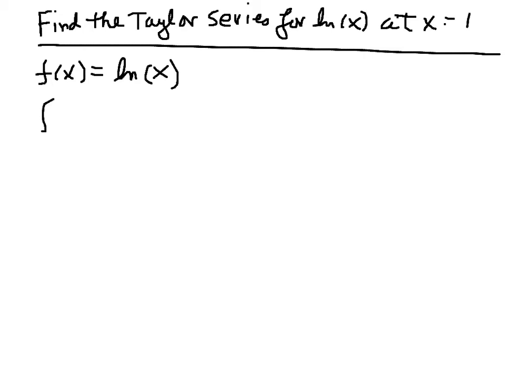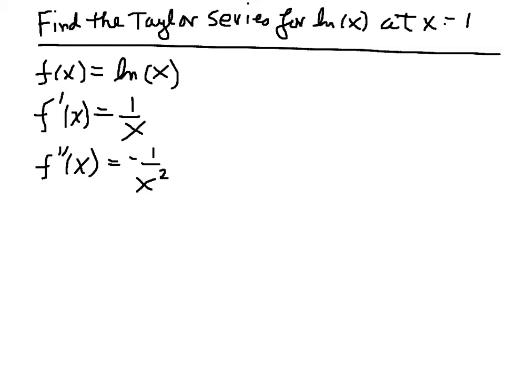Here's the first derivative, 1 over x, and the second derivative is minus 1 over x squared, and the kth derivative is going to be a plus or a minus, and it's going to be 1 over x to the k.